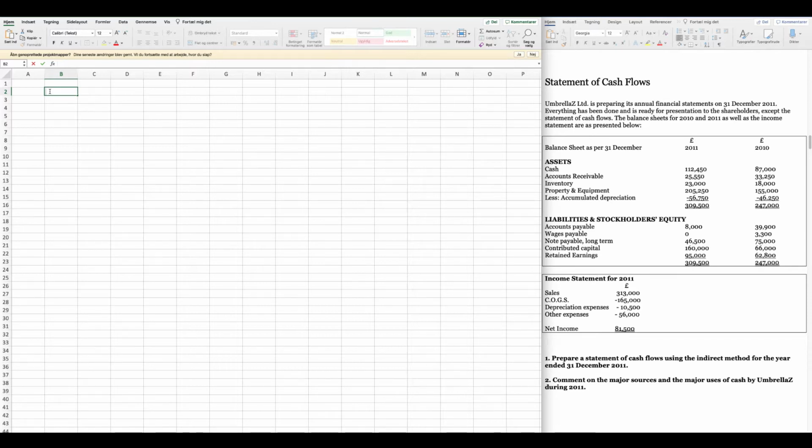So what you'll see when we get further into the exercise and actually set up a statement of cash flows is that we're basing it on an opening balance, or a beginning balance, which in this case would be for 2010, and a closing balance, which would be for 2011. The reason that the ending balance of 2010 is the beginning balance of 2011 is, of course, that the end date of 2010 is the same as the first day of 2011.